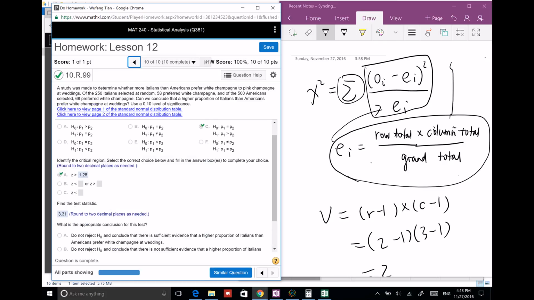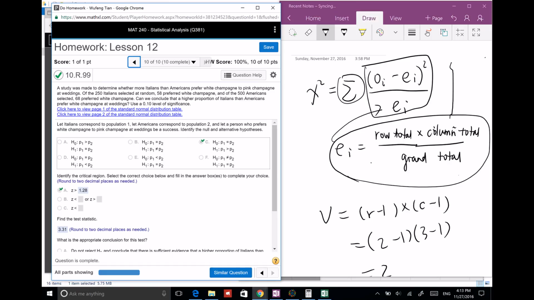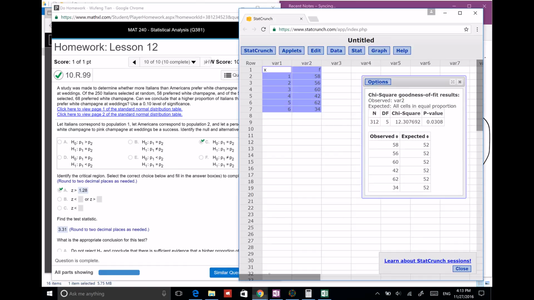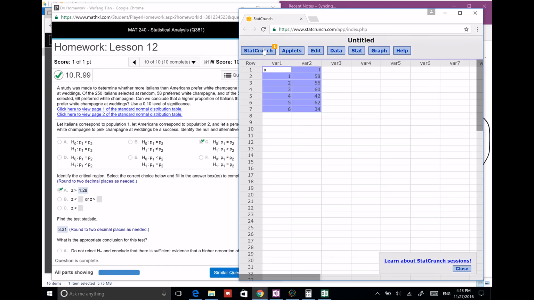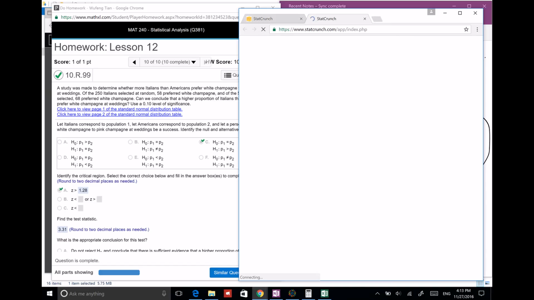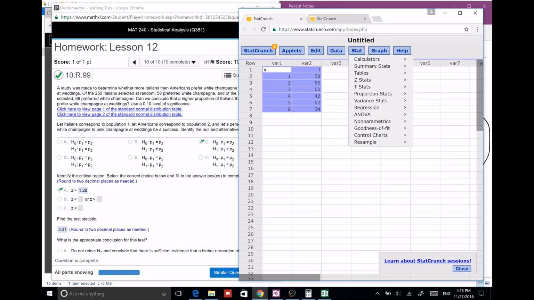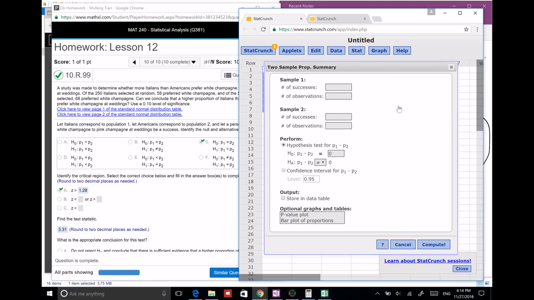Number 10. Okay, number 10, you can use the StatCrunch proportion test. I think it's proportion 2 sample. Proportion 2 sample with summary. Number of successes.